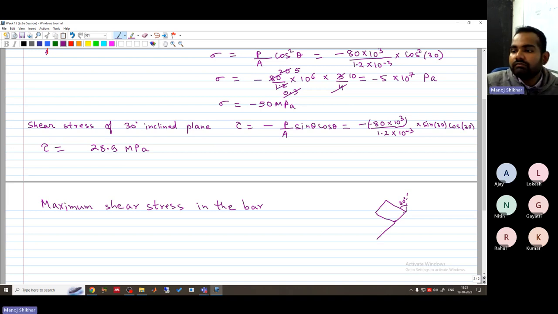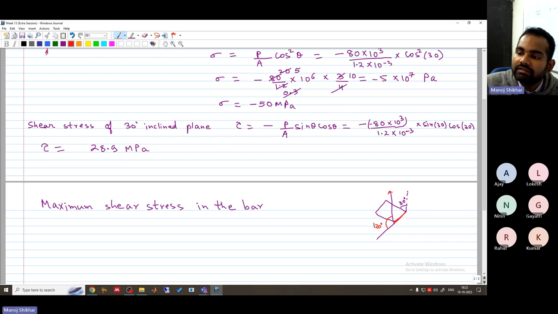So this will be 120-degree, right? This is 120-degree. This plane is at 120-degree from the vertical axis.